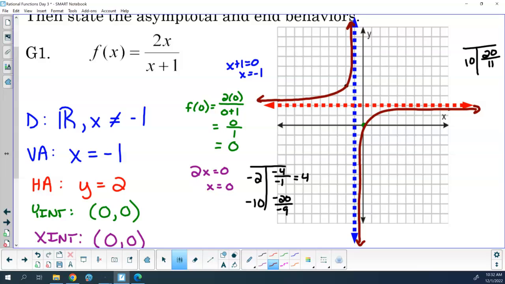Now, here's the cool thing. We don't have to think anymore about end and asymptote behavior. Which one do you want to do first? You want to do end first or asymptote first? Asymptote behavior. So that's right here. As x approaches my vertical asymptote, -1, from the left, where's my function going? Positive infinity.